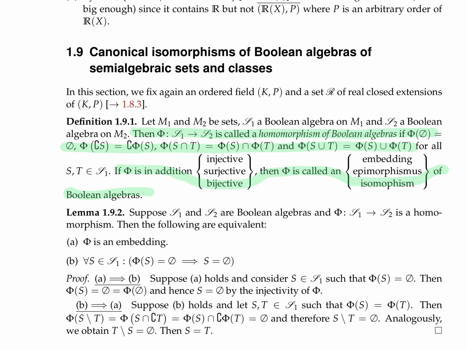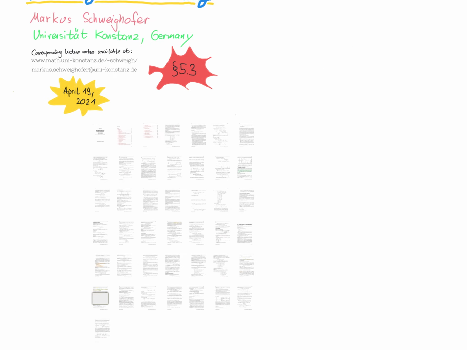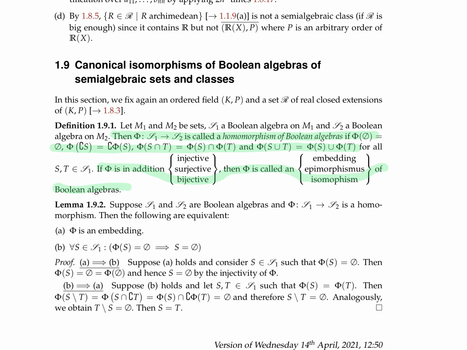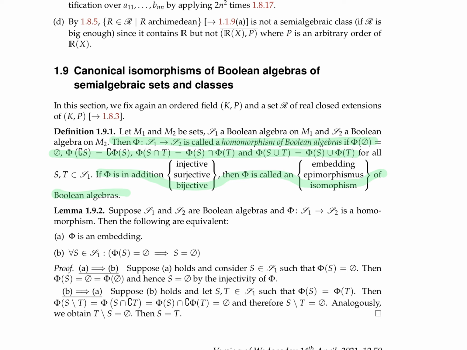And of course such a homomorphism of Boolean algebras is monotonous. So you know that if S and T in the first Boolean algebra satisfy S is contained in T, then phi of S is contained in phi of T. That's an important thing to note here, maybe, right?